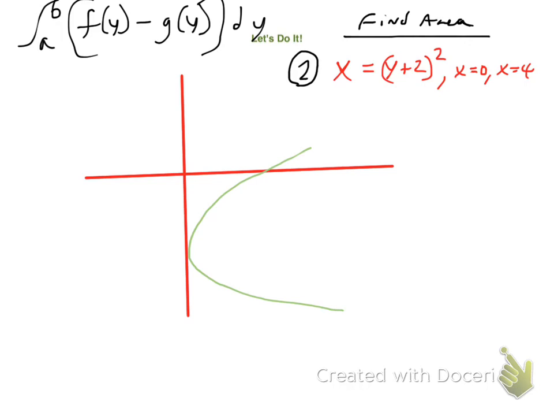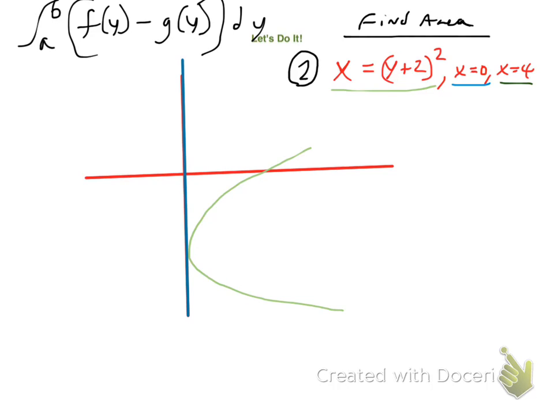And that's x equals (y plus 2) squared, I'll just put a line underneath it. And then your other graph is x equals 0. I will draw in blue. X equals 0 is simply the y-axis. Yay, right? And then we have x equals 4, which I will draw in yet another green.